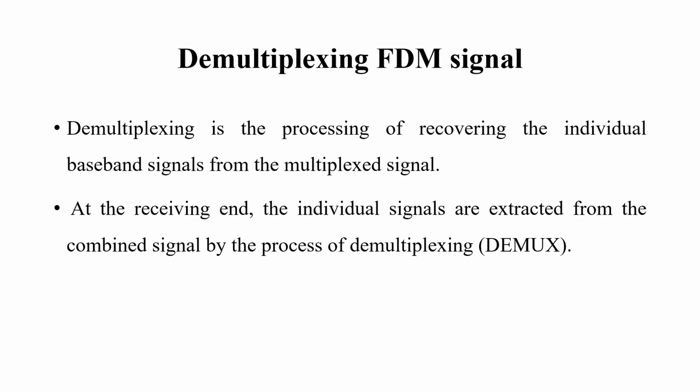The process of recovering our original signal is known as demultiplexing. By definition, demultiplexing is the process of recovering the individual baseband signals from the multiplexed signal. At the receiving end, the individual signals are extracted from the combined signal by the process of demultiplexing.